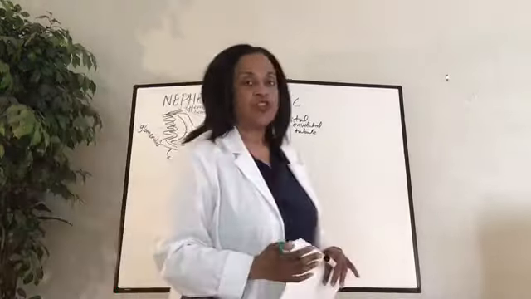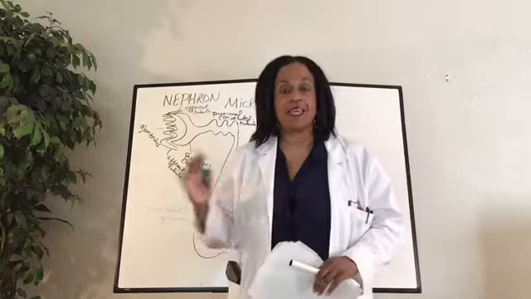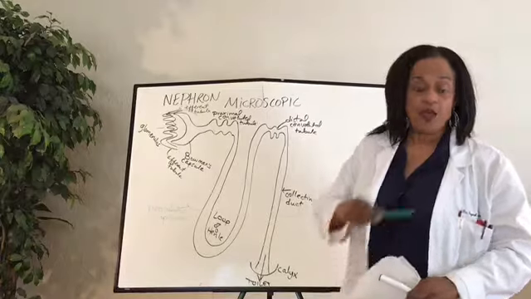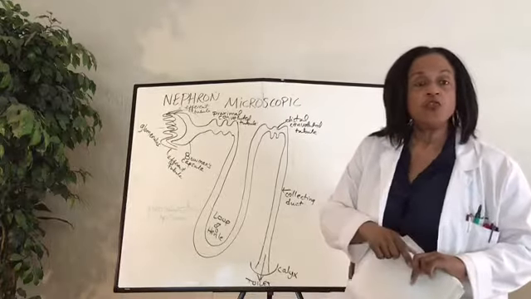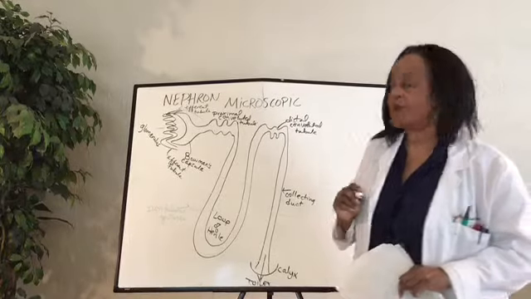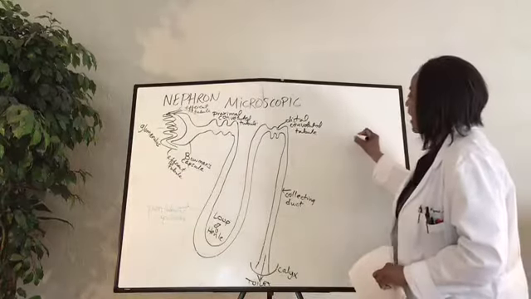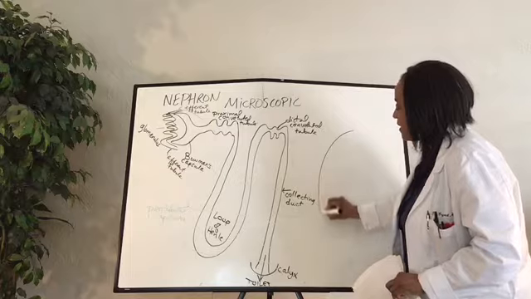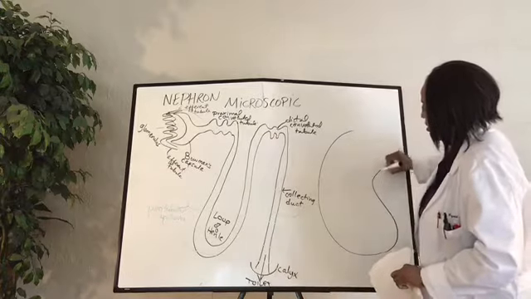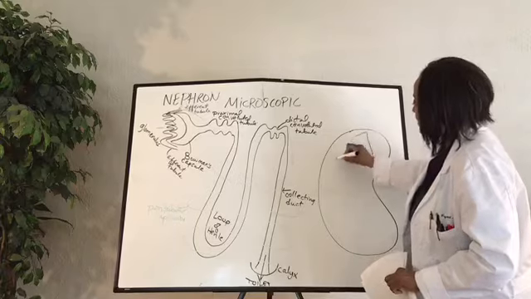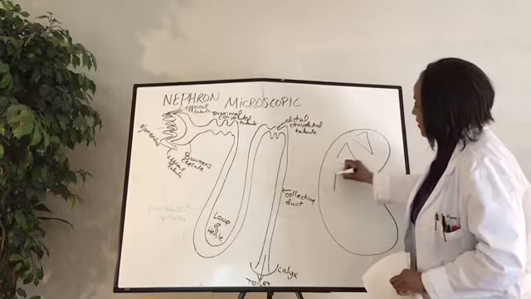Right now, I just need you to know the anatomy of where everything is in this nephron, or this microscopic view of the kidney. Let's draw a macroscopic view. I can squeeze it in here, and we'll see how this all fits in. So let's just draw what we had before. Put some renal pyramids in here.